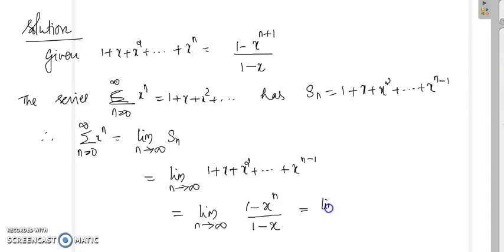So that is limit n tends to infinity 1 by 1 minus x minus x power n by 1 minus x. So for the first term, that is independent of n, the second term you have x raised to n. So that will be equal to 1 by 1 minus x minus 1 by 1 minus x into limit n tends to infinity x raised to n.